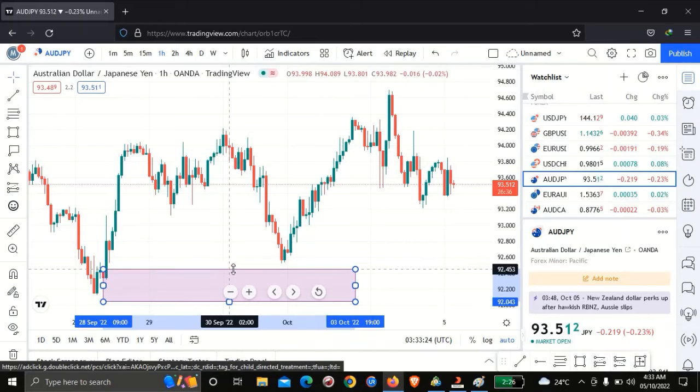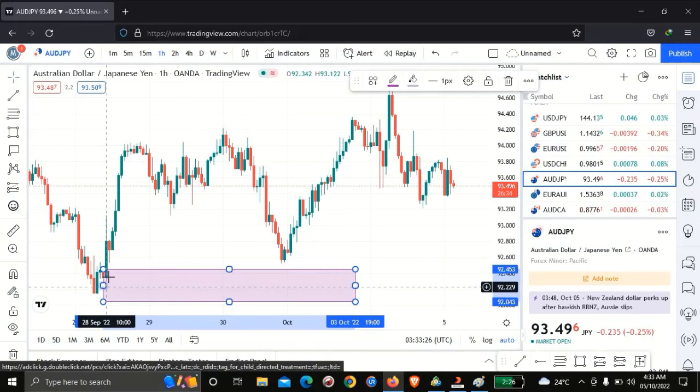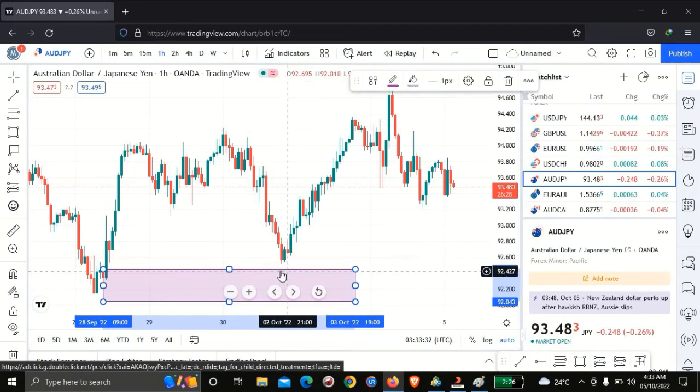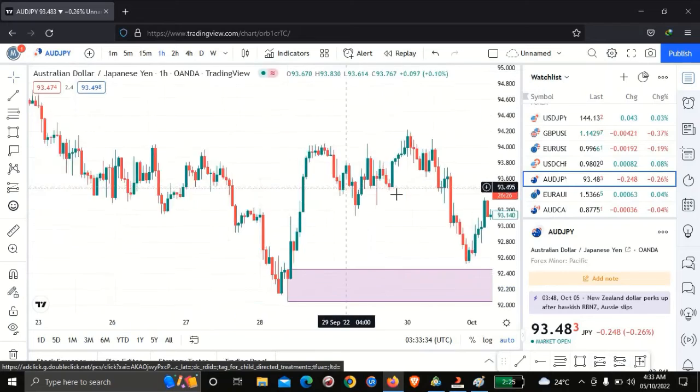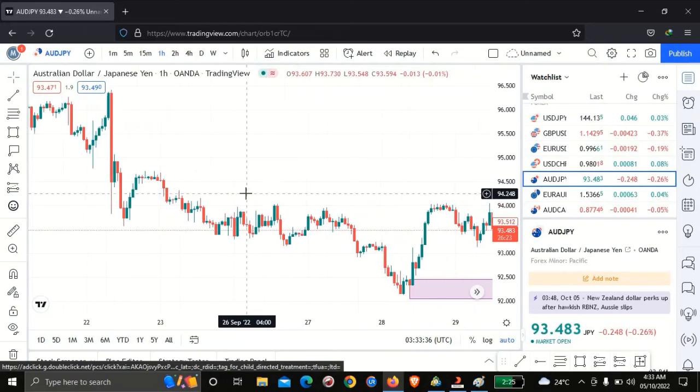You can see it here. Also, after this long move to the upside, the market came back to mitigate the OB. So let's look for other ones.